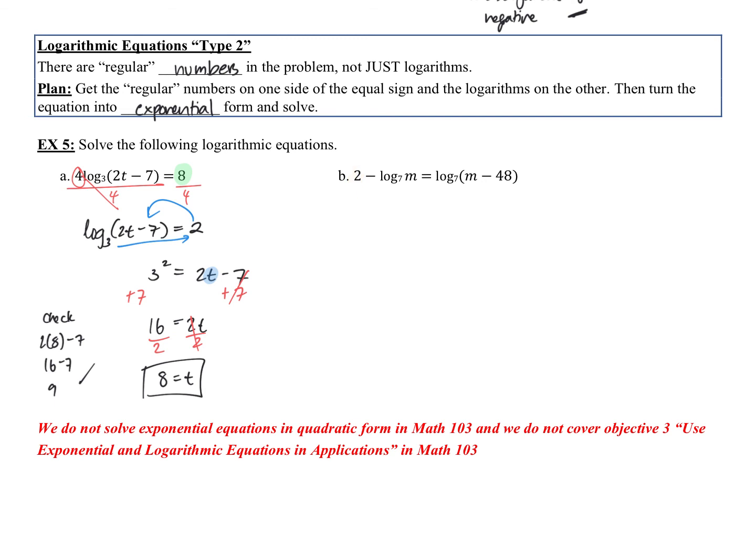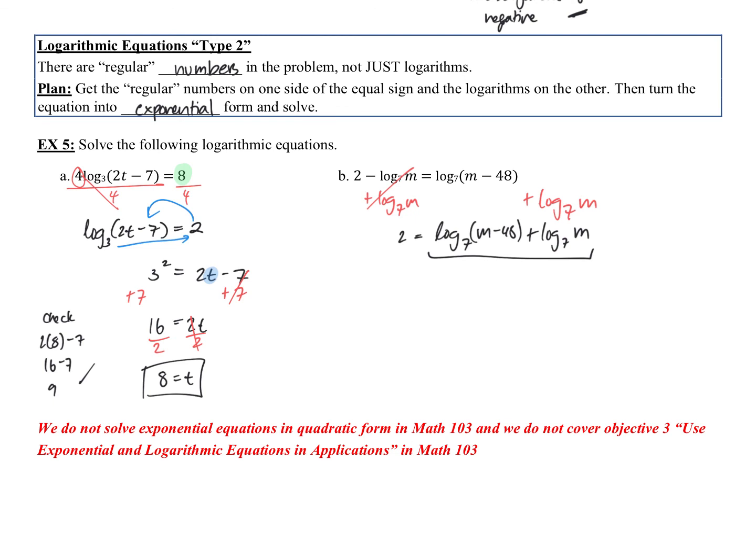Our plan is to turn it into exponential form, which means we need to get the logs to one side. So to do that, I'll add the log base 7 of m to both sides. And we get 2 equals log base 7 of m minus 48 plus log base 7 of m. But we need just one logarithm on this side.